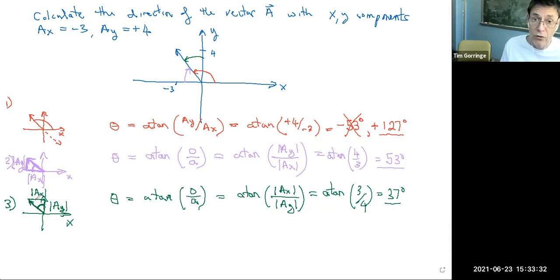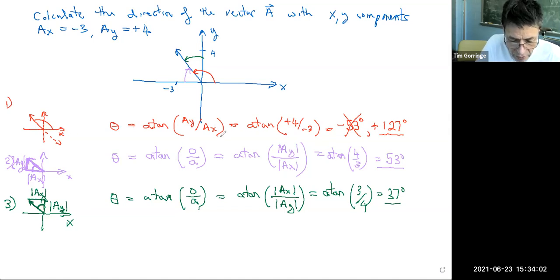Because that's going to affect your calculation. In some problems, they may ask for the direction with respect to the vertical, the direction with respect to the horizontal, the direction with respect to the positive x-axis. In other problems, you may be able to calculate any of those angles as long as you're clear about which angle you've calculated. So we calculated, firstly, the angle with respect to the positive x-axis.